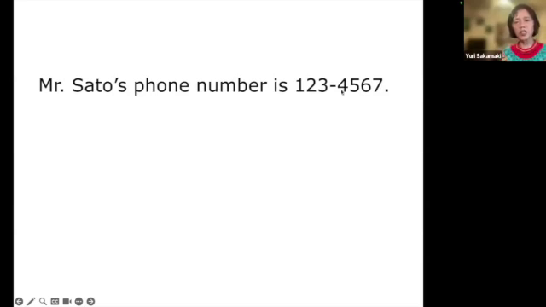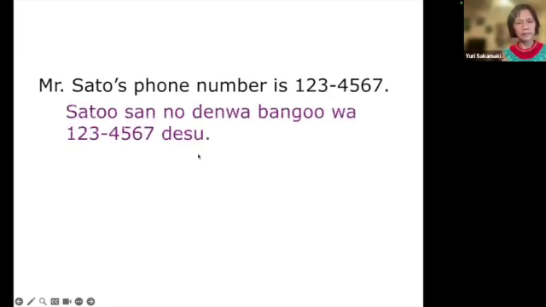You can say shi or shichi, but shi and shichi, when we say a bunch of numbers, sound like ichi and shi and shi. So we tend to say yon or nana. That's a little easier to understand. But you can say 4567です. 4567です is probably a little more listener friendly.